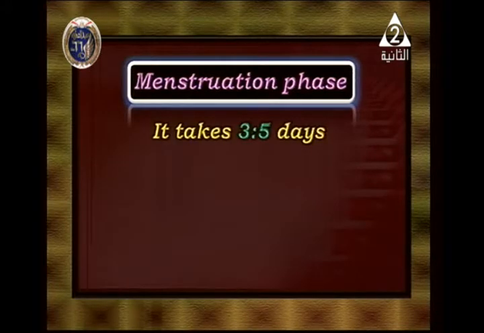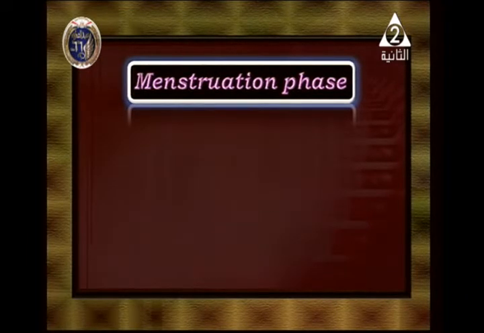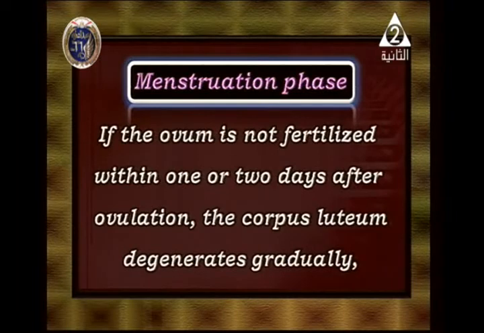After that, the menstruation phase takes from 3 to 5 days only, okay? The blood vessels tear due to successive contraction of the uterus. If the ovum isn't fertilized, within 1 or 2 days maximum after ovulation, the corpus luteum degenerates gradually, okay?